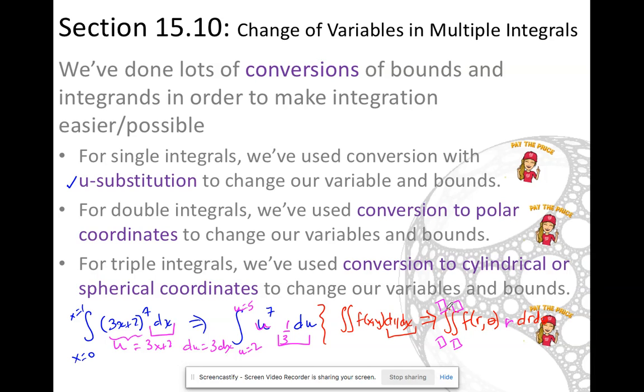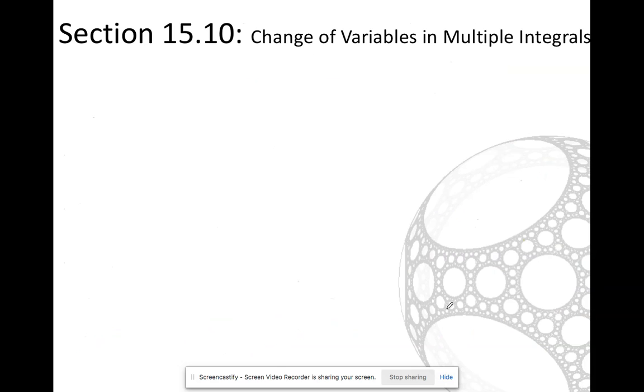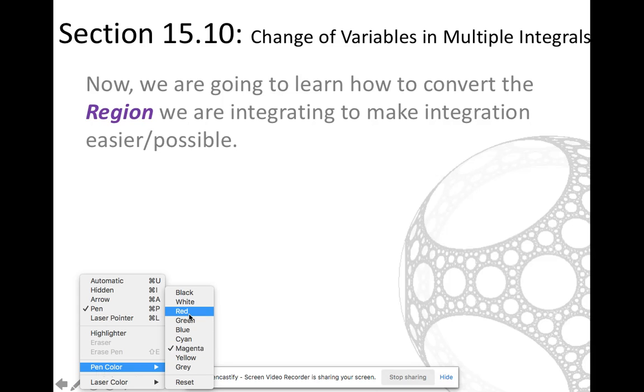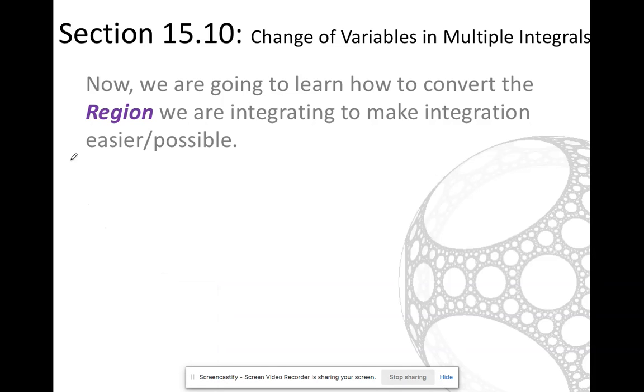And the same thing in 3D. So I want to focus on changing this region, right? Converting the region we're integrating over to make integration easier and/or possible. The region I'm talking about is the domain region in the XY plane.